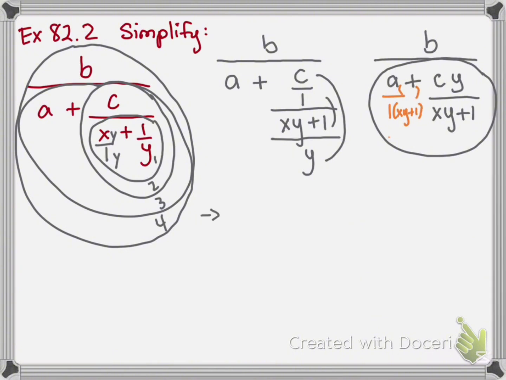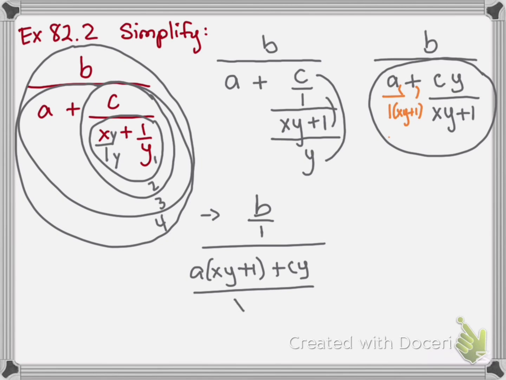So I'll continue here. We have b, and again I'll put b over 1 because we're almost ready to simplify that. And then here we're going to multiply a times xy plus 1. And then plus cy. All of that over the common denominator, which is xy plus 1.